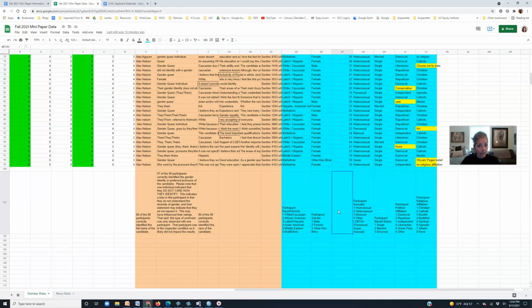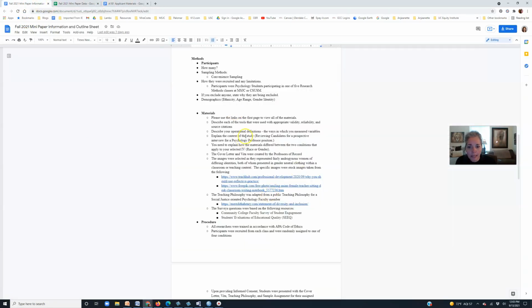Age is scale, and then sexuality, marital status, political affiliation, and religious affiliation are all categorical, okay? So that's a little bit about your participants. So going back to your mini paper, you're going to have to describe all of that based on the results of your SPSS analysis.